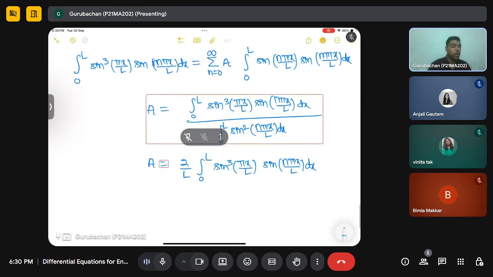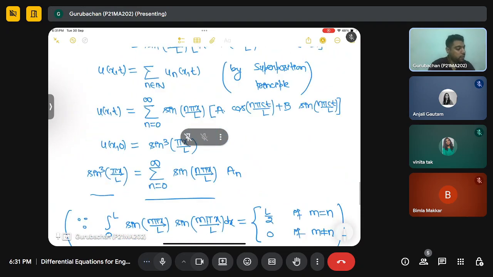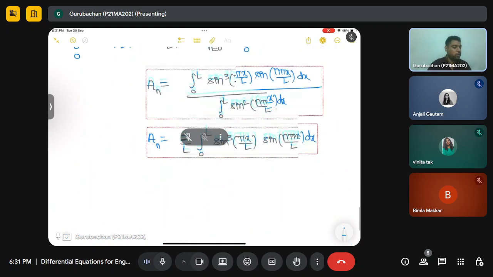So if you observe here, this a is depending on the n. So we should write a n rather than a. Okay, so I am just replacing it with a n. In the same way, this bn will also depend on n.